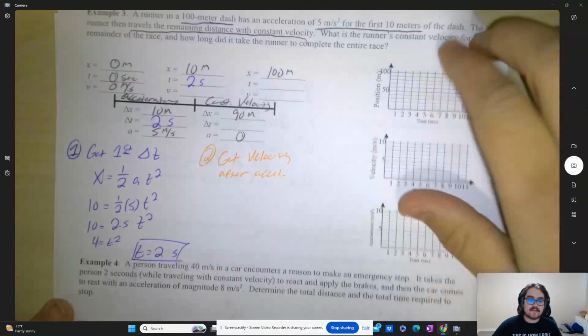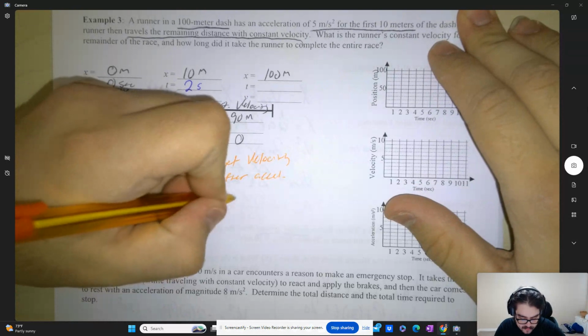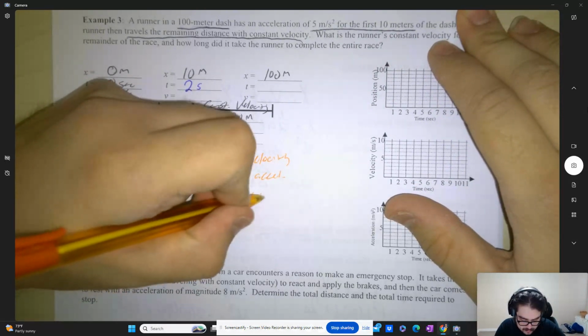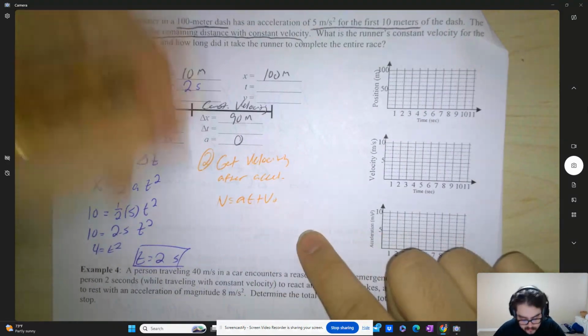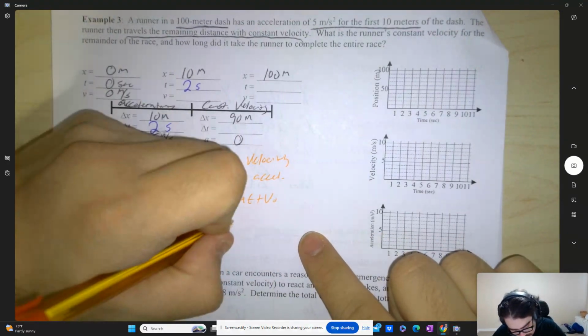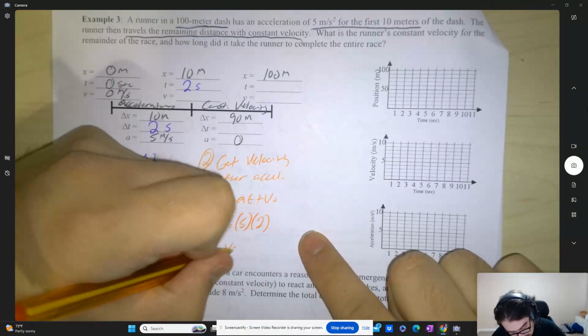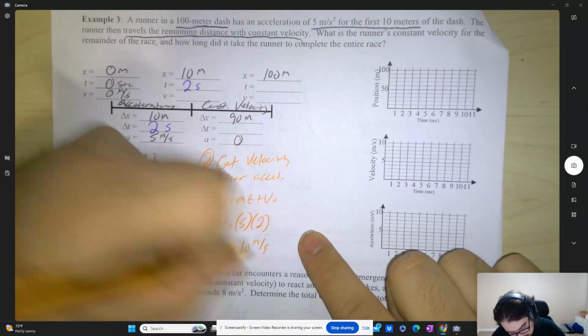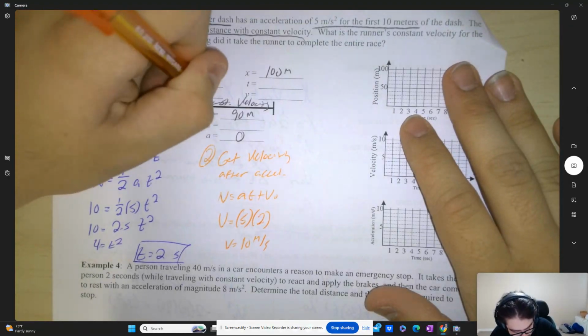So after he accelerates, what's going to be his velocity after he finishes accelerating? Well, v is equal to at plus v naught, and v naught is 0, right? So it would just be v = 5t. He does it for 2 seconds, so he should end up having a speed of 10 meters per second. So his velocity at the end is 10 meters per second.